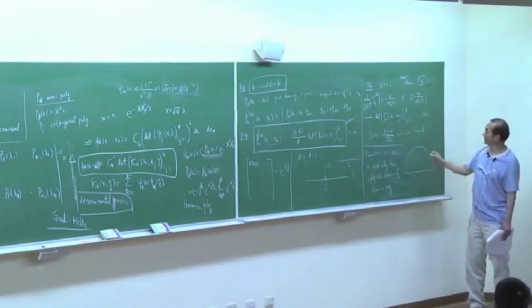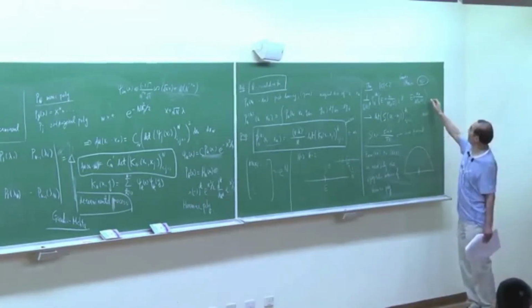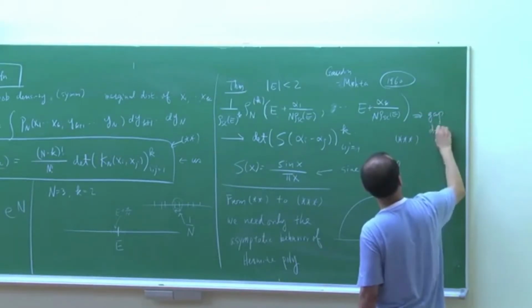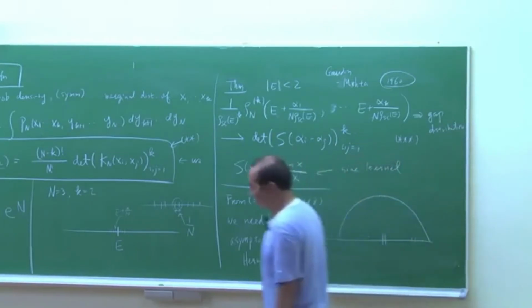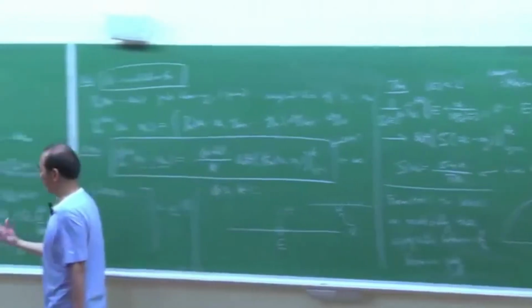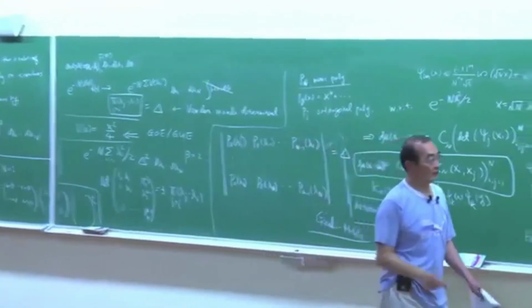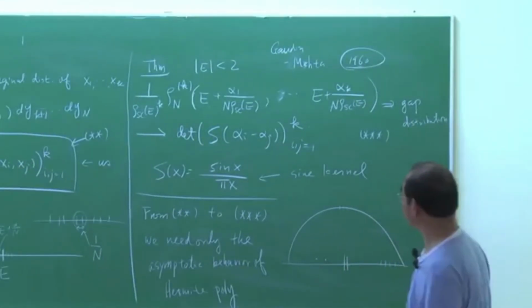Once you compute this, from this formula you can get the gap distribution. This I will not do. In statistics, if you know the marginal distribution of k particles for arbitrary k, then you can also get the gap, but this is slightly harder, so I will not do it.